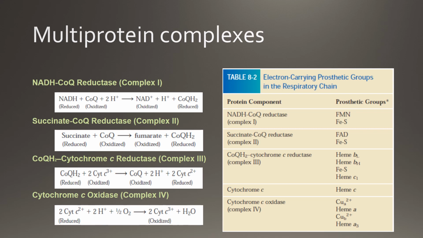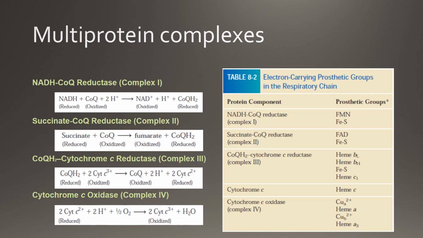Now the last, complex 4, is cytochrome C oxidase. After being reduced by the coenzyme QH2 cytochrome C reductase complex, cytochrome C transports electrons one at a time to the cytochrome C oxidase complex.